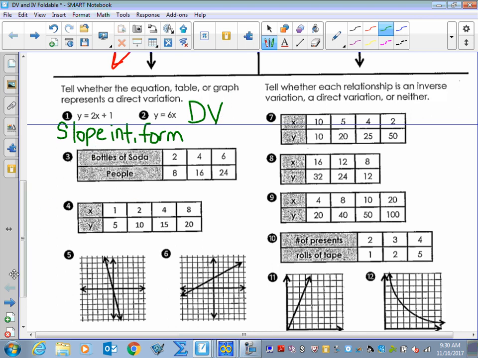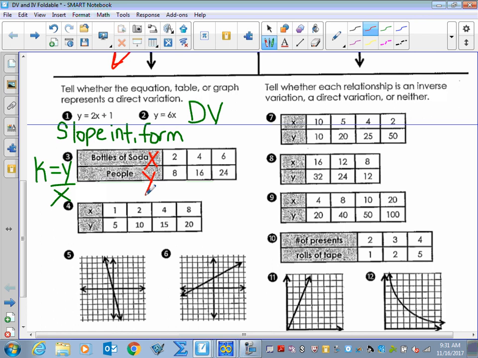Now, when we did our last unit, we also looked at tables, and in order to tell if a table of numbers or a set of ordered pairs represents direct variation, you take k equals y divided by x. That's how we test for direct variation. Here's your x value in the table, here's your y value.